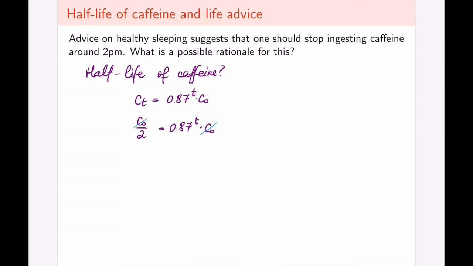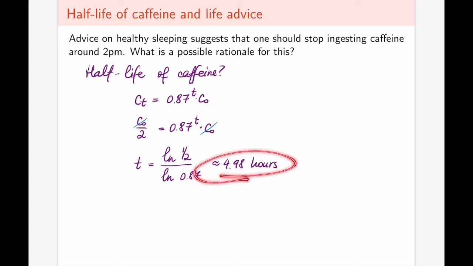I can then take a logarithm of both sides. So T is equal to the logarithm of 1/2 divided by the natural logarithm ln of 0.87, which is approximately 4.98 hours.